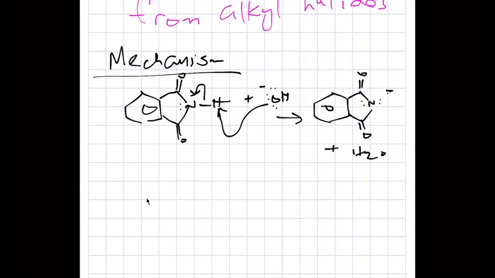And that anion is going to be your nucleophile that reacts with your alkyl halide. So whatever the alkyl halide is, it doesn't matter. You can make primary or secondary amines using this method, but we're going to just use a primary alkyl halide, something like this.